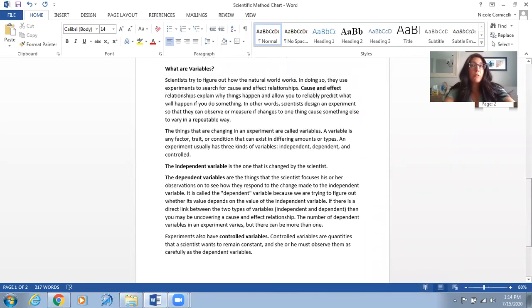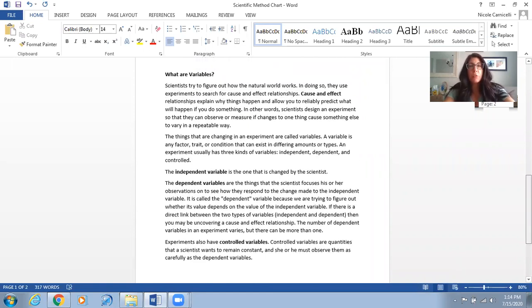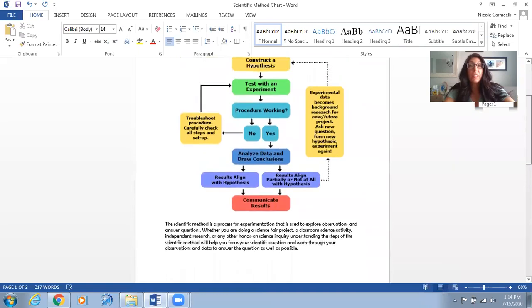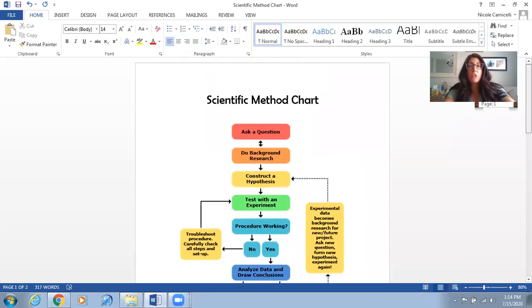You will be using variables during this experiment, and it's important that you read through this just to understand how they will be changing the result that you will get at the end of the experiment. So this is something that I do ask that you read through either before the experiment or while you're answering your questions to the lab report.